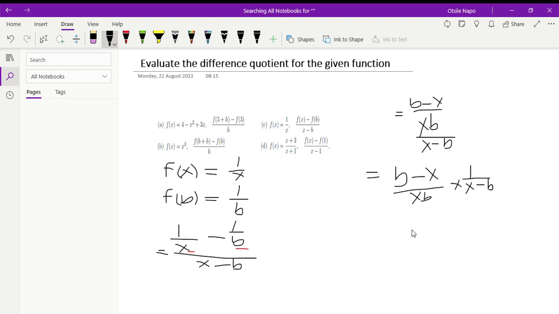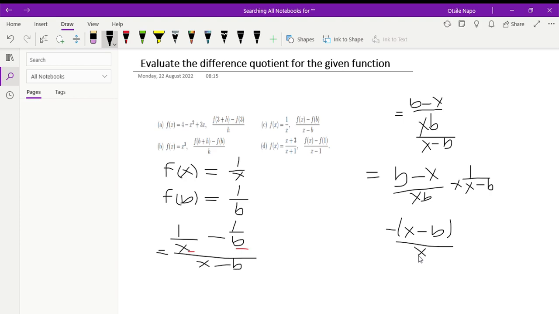Then since it's multiplication, we can either multiply throughout or take out negative 1 from b minus x, then we are going to have x minus b in brackets divided by xb.